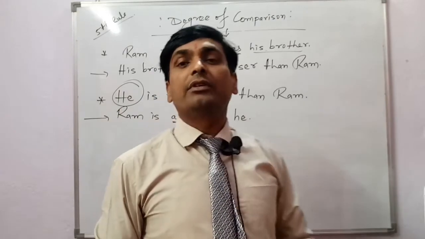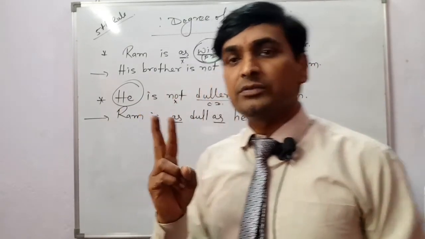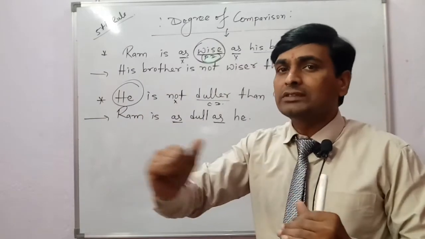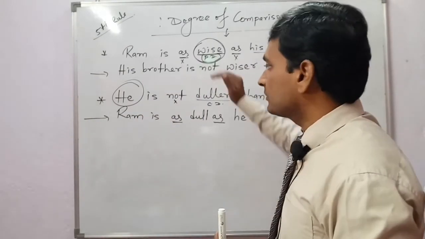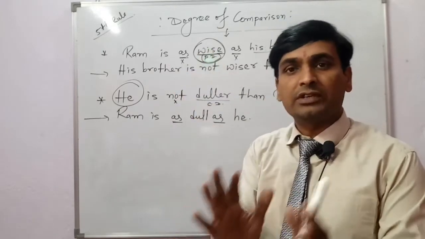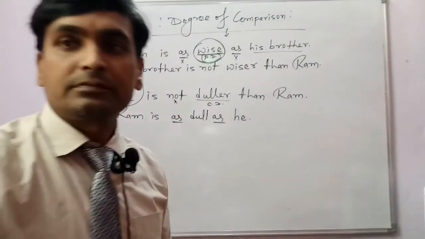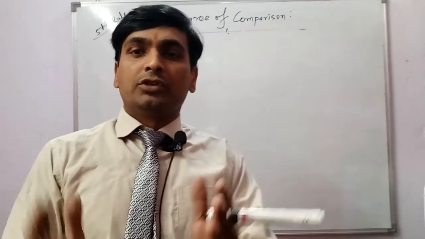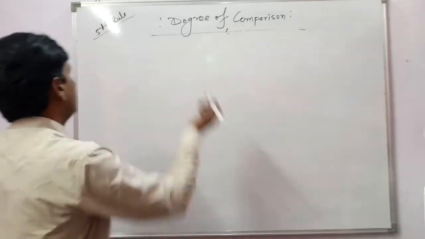Now students, we are having two types of superlative degrees, and those will be some little bit long sentences. For that I am just going to erase this, and then we will be understanding both kinds of the superlative degrees. Okay. So students, now let's see two types of superlative degrees, right?